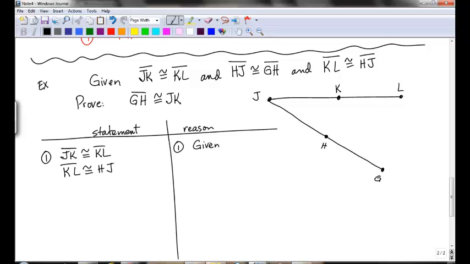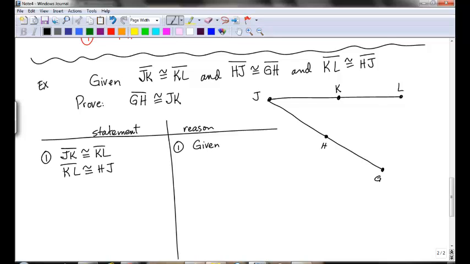Everybody look. If JK is congruent to KL and KL is congruent to HJ, then JK is congruent to, by what reason? What property? If A equals B and B equals C, then A equals C, what property? Transitive.